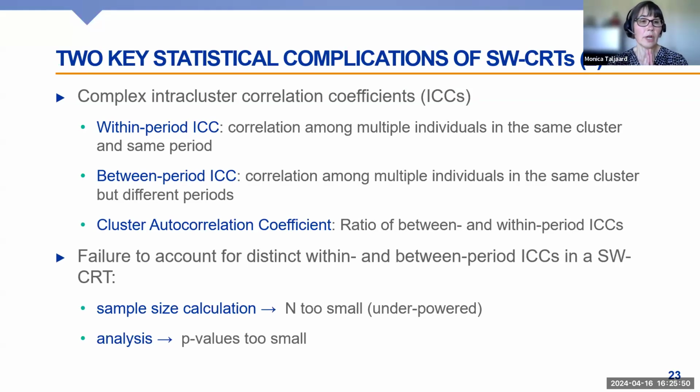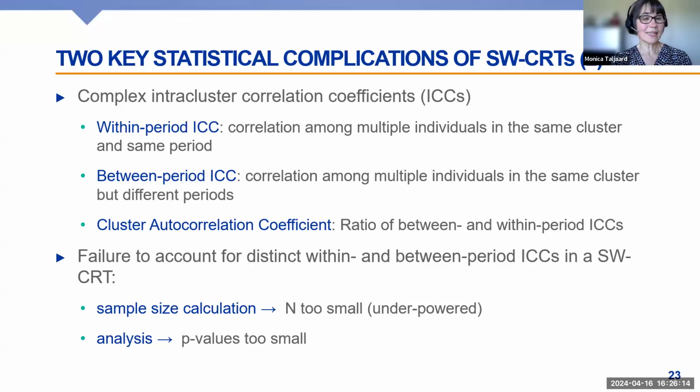Nevertheless, if we do not recognize this more complex correlation structure with a stepped wedge, we could end up having a sample size that is too small, in other words, an underpowered study. And our analysis also, if we ignore this complex correlation, will give us p-values that are too small.